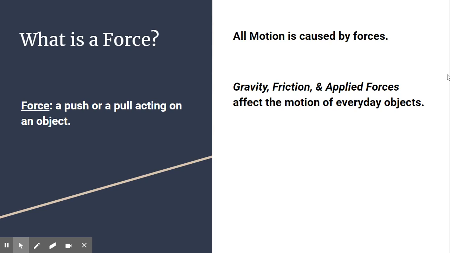All motion is caused by some sort of a force. You cannot have motion if there's no force applied to the object. And gravity, friction, and applied forces are what affect our everyday objects, the easiest examples to think of when you think of forces and motion.